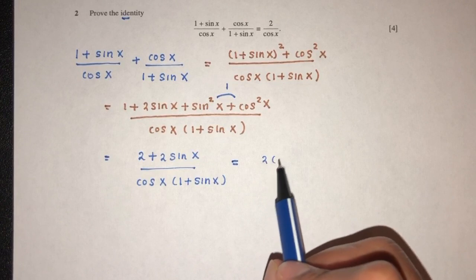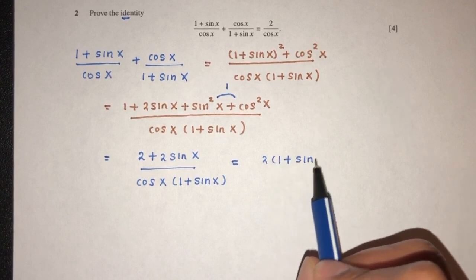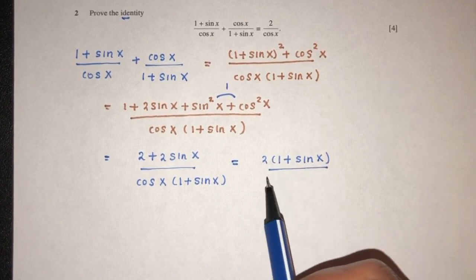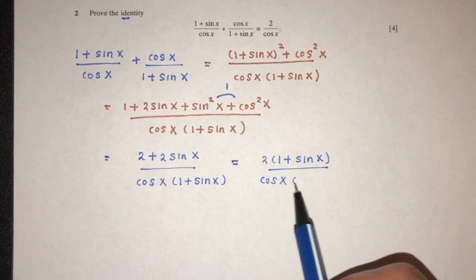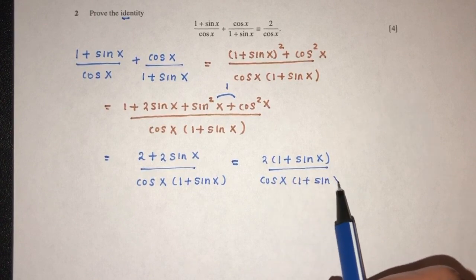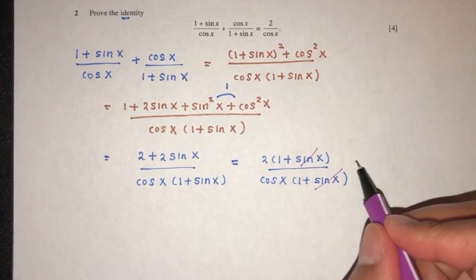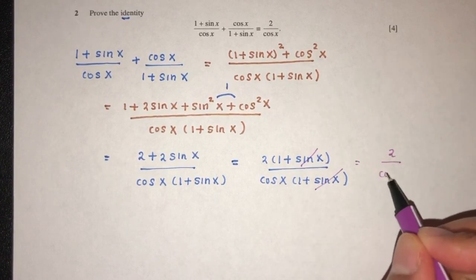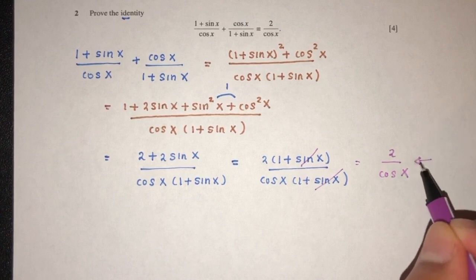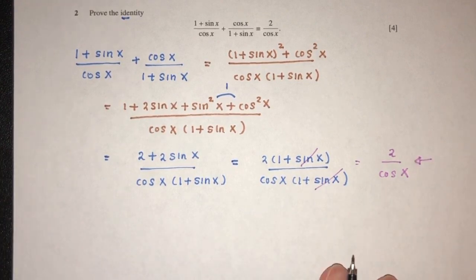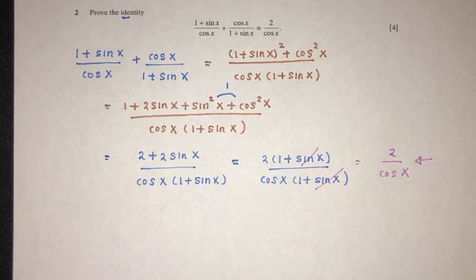We factorize, that will be 2 times 1 plus sin x over the value of cos x times 1 plus sin x. So this and this will cancel out, so at the end you will just have 2 over cos x. That is part 2. This is just very simple. We just have to follow step by step and then prove the left hand side is equal to the right hand side.